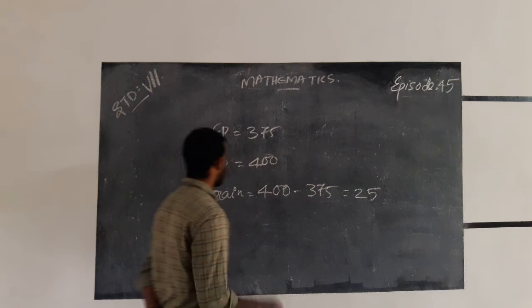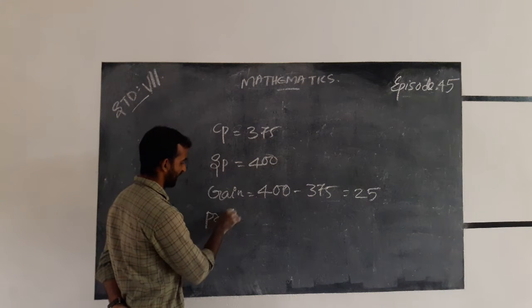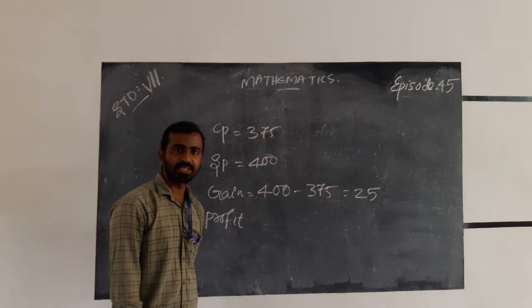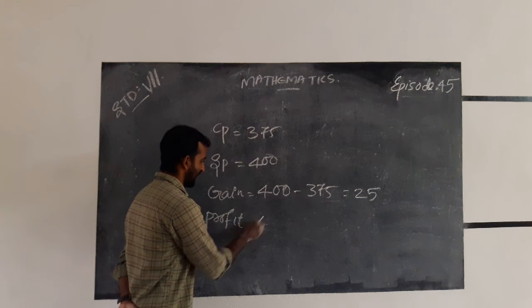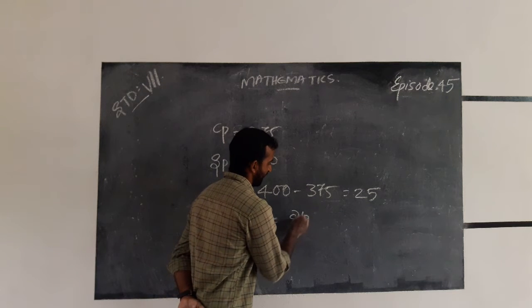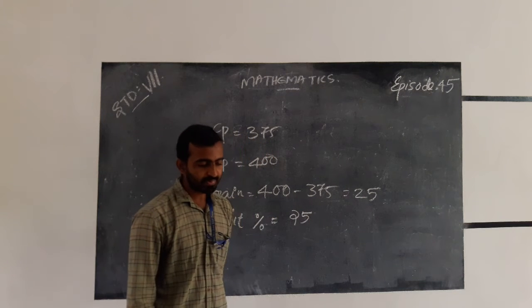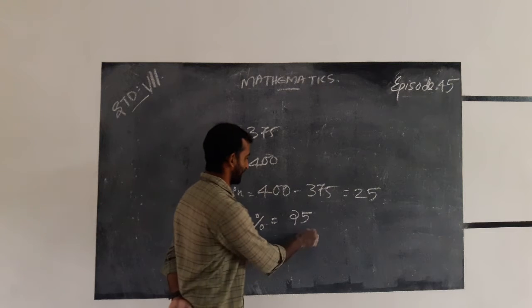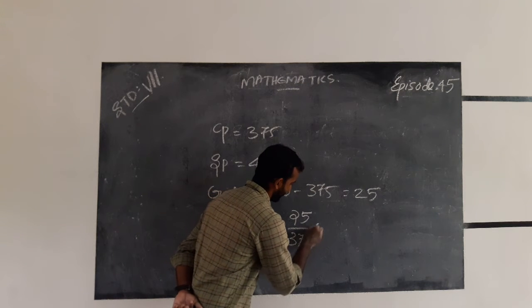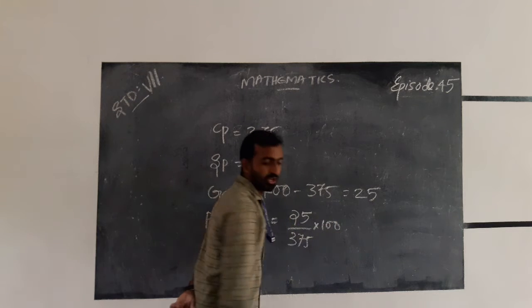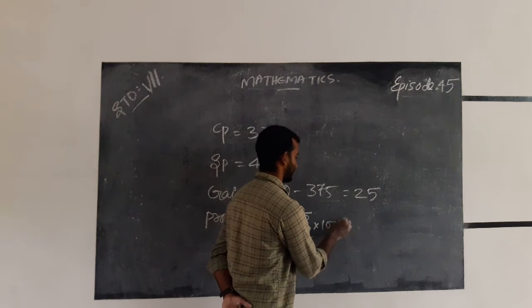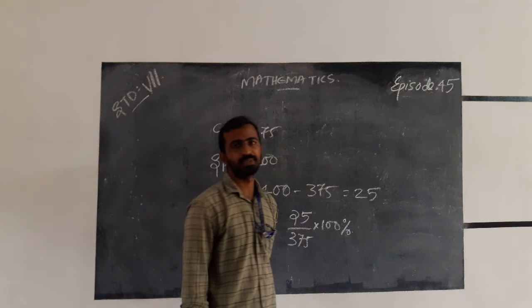That is, the profit percentage or gain percentage is equal to 25, which is gain, by CP. What is our CP? 375, into 100%.